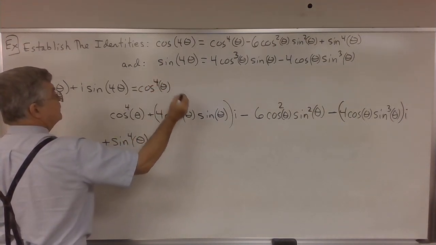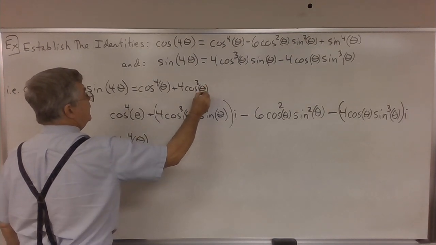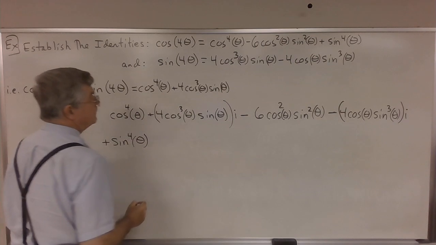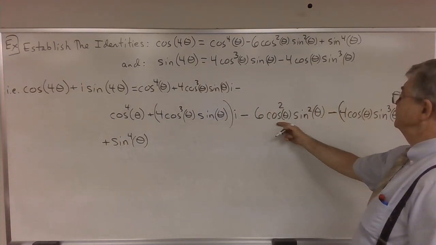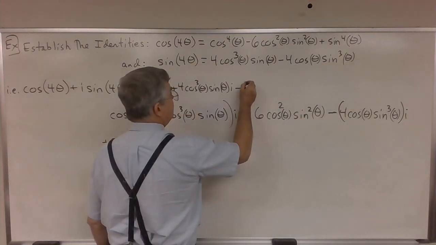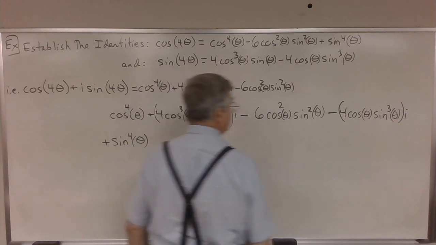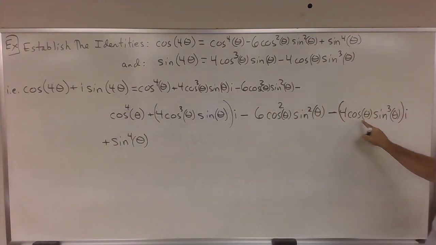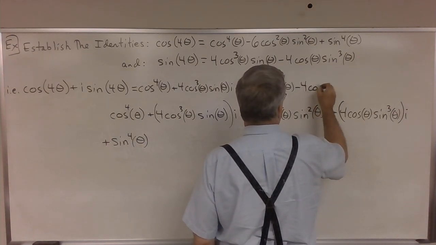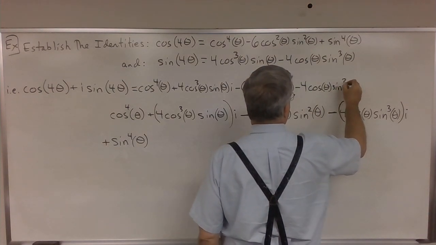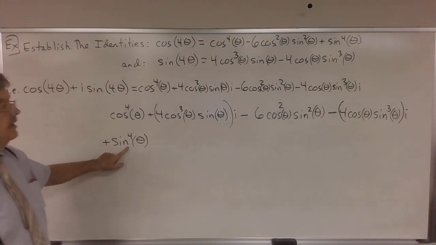Cosine to the 4th theta plus 4 cosine cubed theta sine theta times i, minus 6 cosine squared sine theta, sine squared, minus this guy, 4 cosine theta sine cubed theta i, plus this thing, sine to the 4th theta.